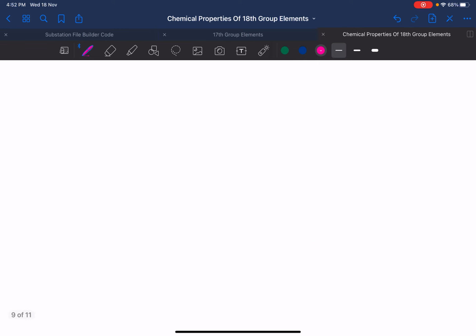And next one is the reactions of xenon fluorides with other compounds. They will donate one fluorine to give a fluoride ion or fluoride complexes. So what are those fluoride complexes? We will go for the other reactions.